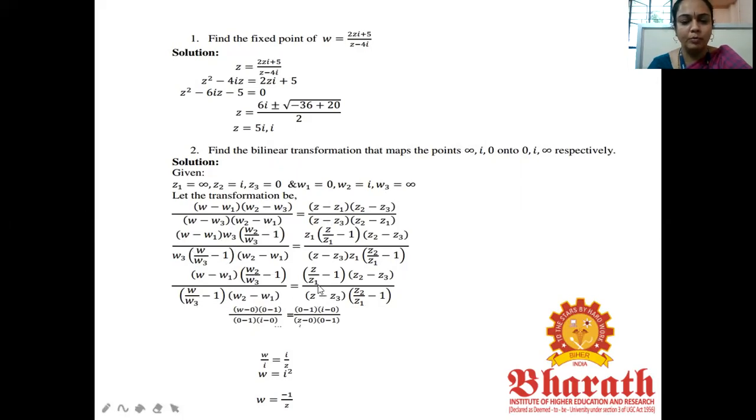This is equal to, z1 gets cancelled, remaining z by z1 minus 1, z2 minus z3 by z minus z2 into z2 by z1 minus 1. Now substitute the values of z1, z2, z3 and omega 1, omega 2, omega 3. We get omega by i equal to i by z, which implies omega equal to i square by z. That is omega equal to minus 1 by z.